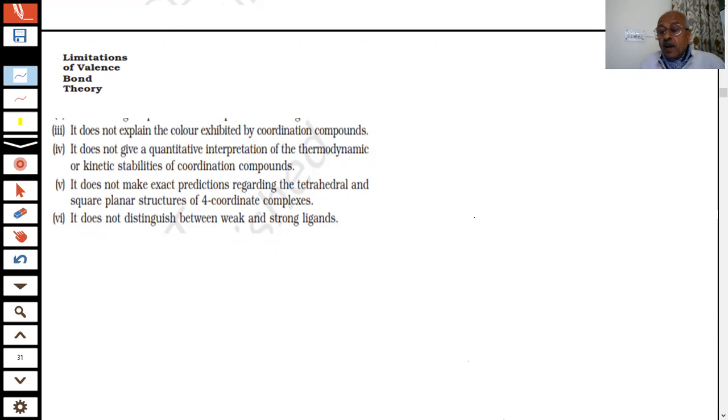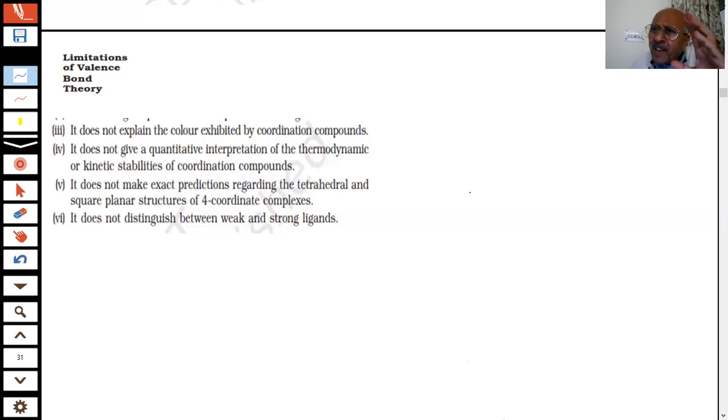Last time we discussed valence bond theory, and it was proposed because it was required in order to predict the magnetic properties of the coordination compounds, as Werner did not give any idea about the shapes and geometries of the orbitals and also the paramagnetic or diamagnetic behavior of the coordination compounds.